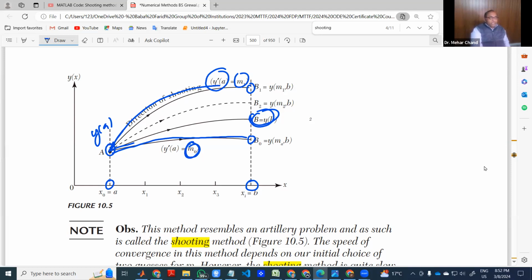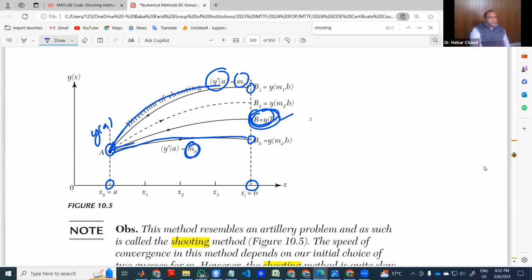By applying iteration, we need to get this value. So these will be the approximate solutions. After that, by using curve fitting, this will be the required value which we need to shoot to get the exact value, but we need interpolation. With the help of interpolation, we can get this value.